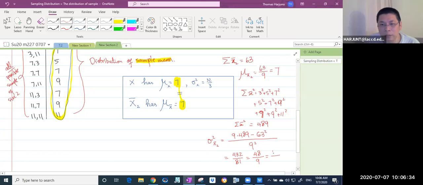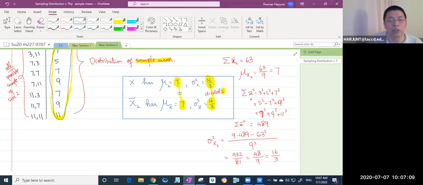This will be 16 over 3. Now you will see that the result here is basically the original variance divided by 2. Not always by 2. To be more precise, divided by the sampling size. In this case, we sample the size of 2.